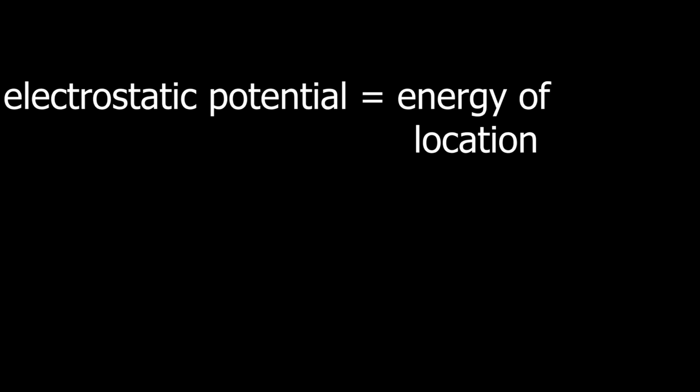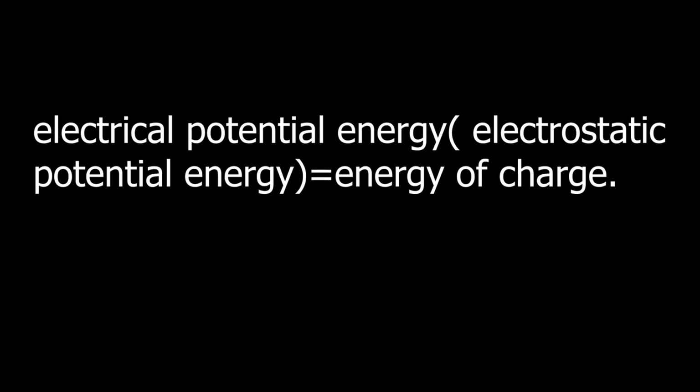When we use the term electrostatic potential, we mean the energy of the location. When we refer to electrical potential energy or electrostatic potential energy, we mean the energy of the charge at that location. Energy of the location is due to the source charge. That is, electrostatic potential is due to the source charge.